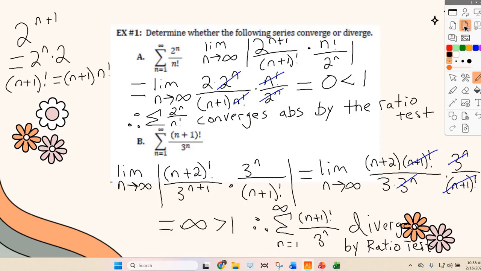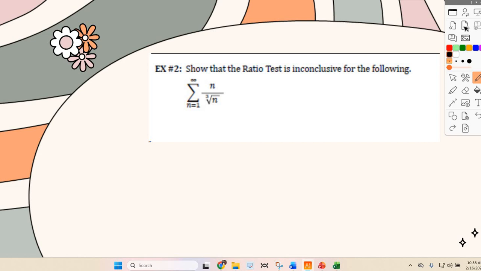Okay. This one says, show that the ratio test is inconclusive. So what are we looking at? Could you not just simplify that?